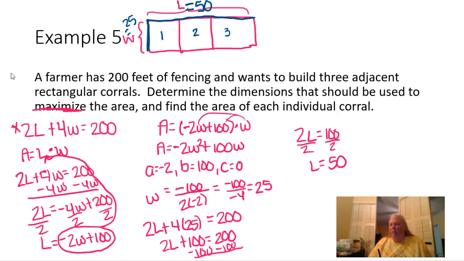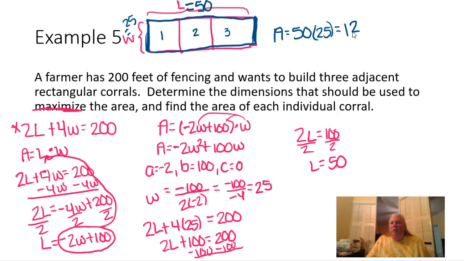So there's a couple of options we can do. If we find the area of this outer blue rectangle here, that'll give me the area of all 3 of these together. And then since they're exactly the same, if I divide that by 3, it will give me the area of each individual corral. All right, so the area is going to be 50 times 25.